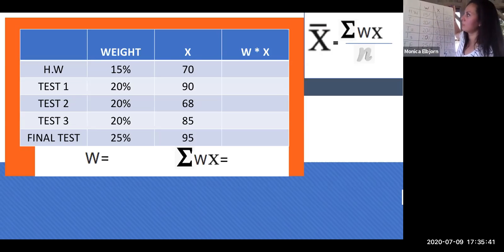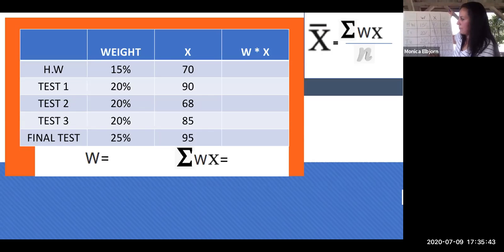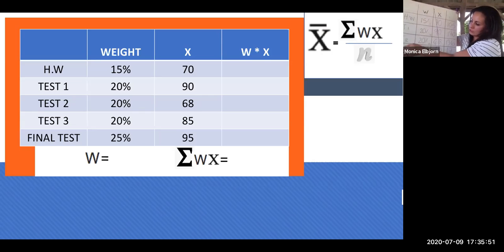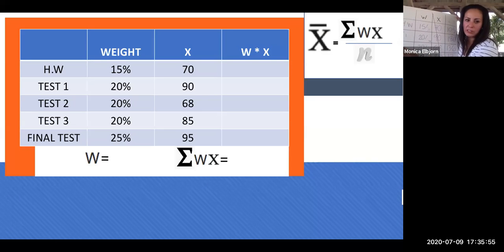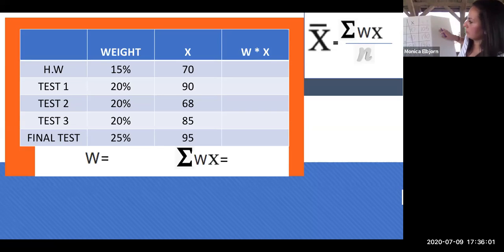But this was fairly easy, because you just divide by one. What about if we deleted these two? Like on your second partial, or half of your semester, you wanted to say, okay, let's do it over here. So we will continue with only these three.